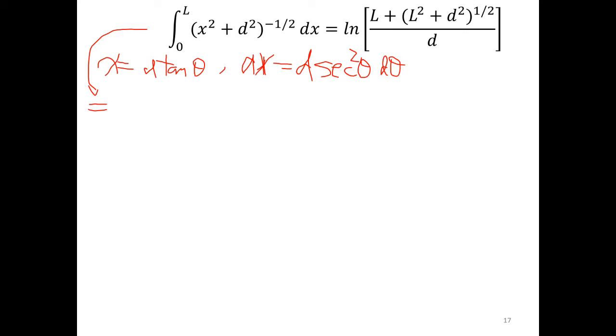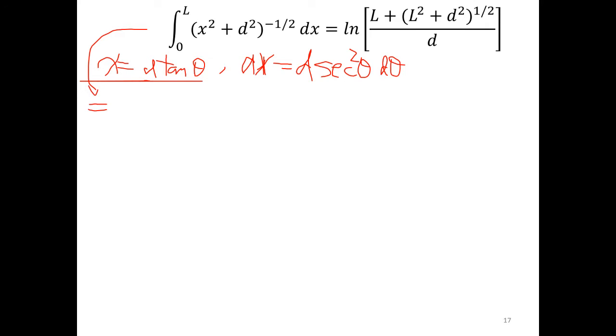Well, x squared plus d squared should be d squared tangent squared theta plus d squared. So we have tangent squared plus 1, which will be secant squared.